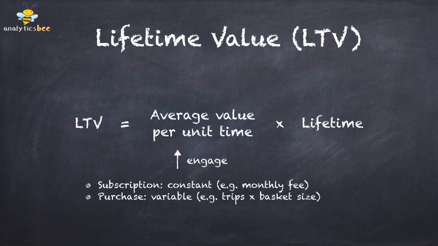For example, in retail, the average value per unit time is the product of the number of trips made to the retail stores and the basket size for each trip. So growing the average value entails driving more trips and increasing the basket size.